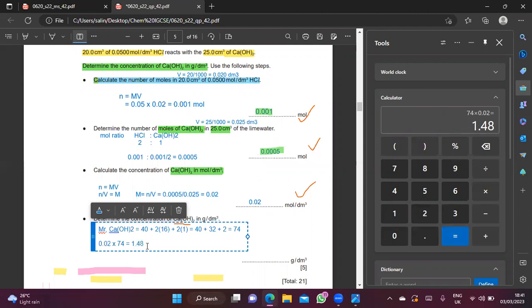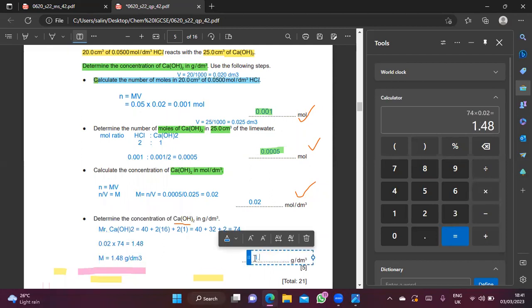So you can say concentration, I just put M. So M equals, in gram per dm cube, 1.48 gram per dm cube. Then put the answer here, 1.48.